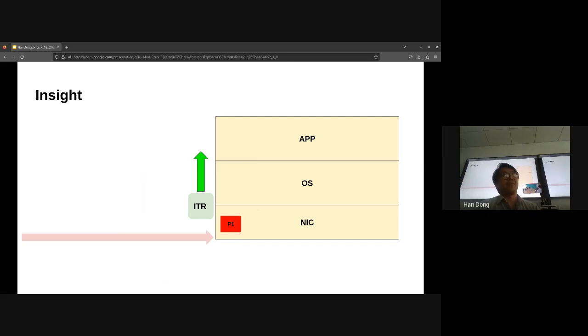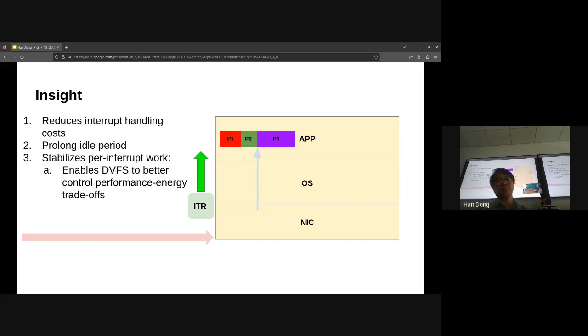Instead of waking up the processor every time a packet comes in, we arbitrarily add a delay. By doing so, we're buffering more packets before sending them up to the application to process, and this has some effects. The first is that it reduces the interrupt handling costs, because every time you wake up the software to process a packet, it has to handle the interrupts.